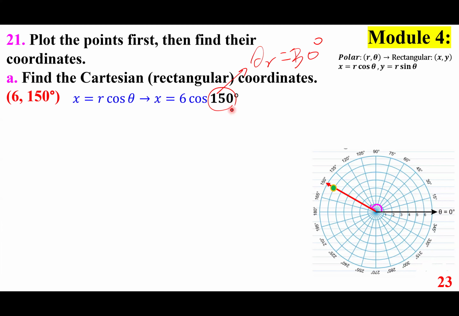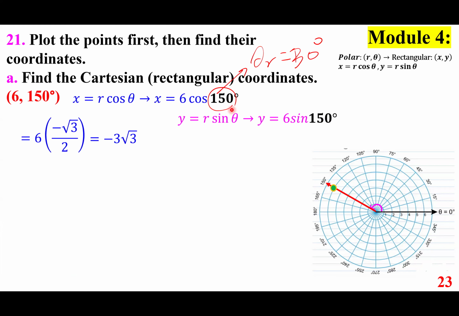However, in the second quadrant it is negative, so minus square root of 3 over 2, and it's negative 3 square root of 3. For the sine, y equals r sine theta. Sine of 30 degrees is 1/2. In the second quadrant, sine is positive, so 6 times positive 1/2 is 3, and therefore these two are equivalent.